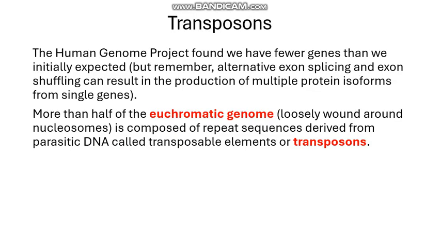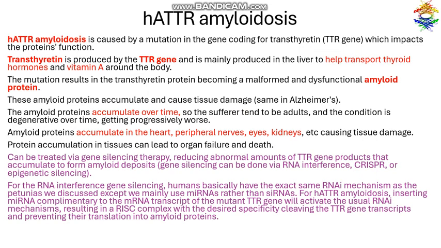Euchromatic. So the DNA is not in its euchromatic form. It's bound around the nucleosome, so it can't be transcribed and it can't be translated by the ribosome. There are multiple ways of doing this epigenetic silencing.